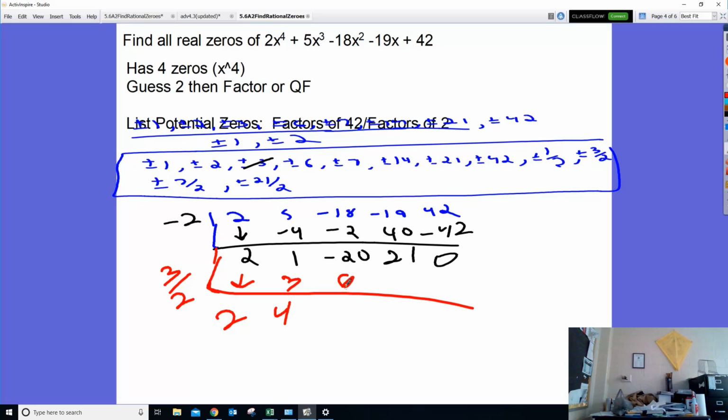And you add. 3/2 times negative 14. What's 14 divided by 2? 7. Times the negative 3, 21. Hey, you found it.